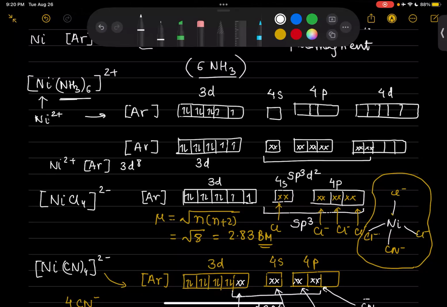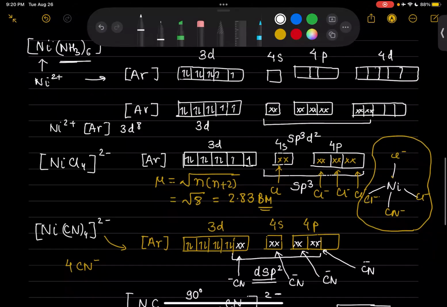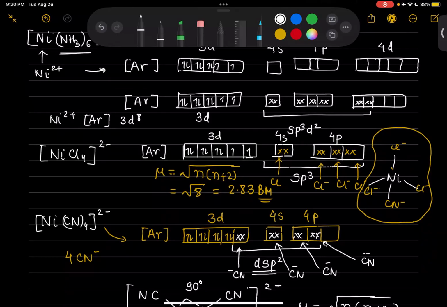By including the nature of the ligands, we were able to successfully predict whether pairing will happen or not.